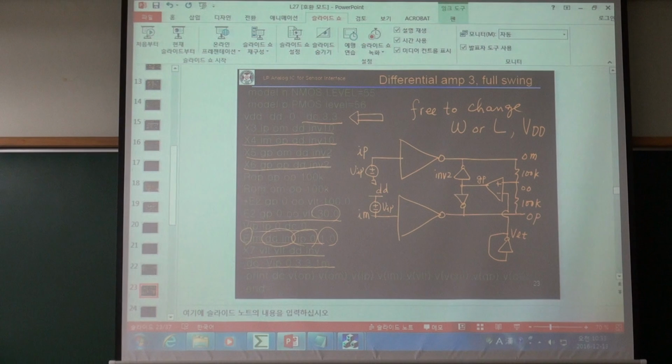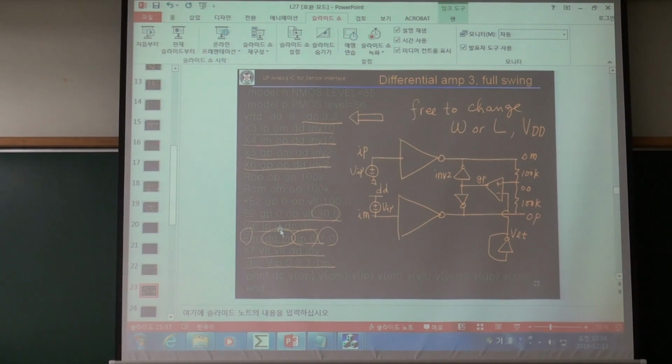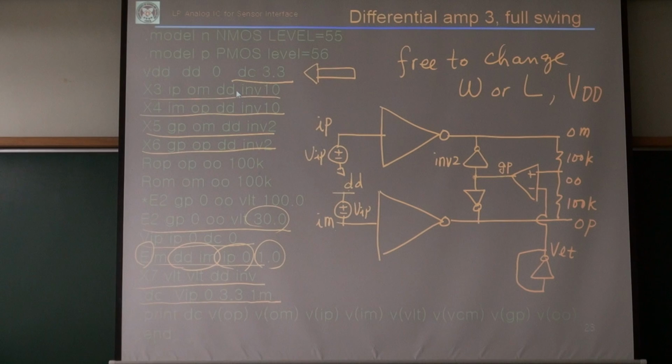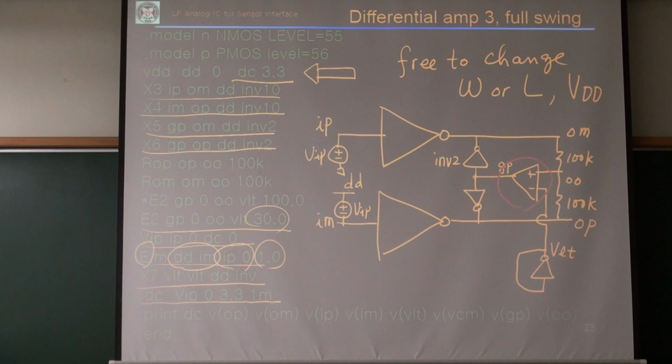So the only concern left is that you need a real op-amp for this one, a real amplifier, not this ideal amplifier. This ideal amplifier output resistance is 0, so you don't worry about the frequency compensation, right?